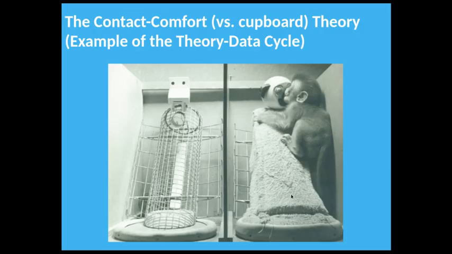And the body is covered in this terry cloth material, which is the same material as a towel, to provide comfort and warmth and safety for the young monkey. So in this case, there were two different competing theories, and Harlow tested his against the other theory to show that we may be able to accept one theory and reject the other one. So Harlow's theory was the contact comfort theory.